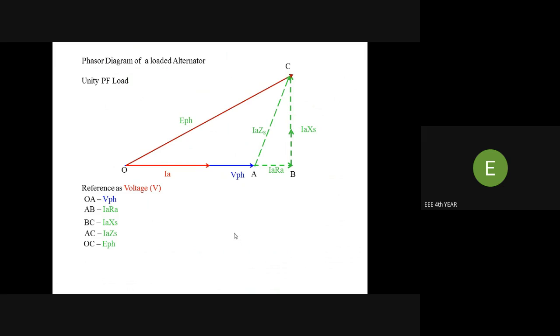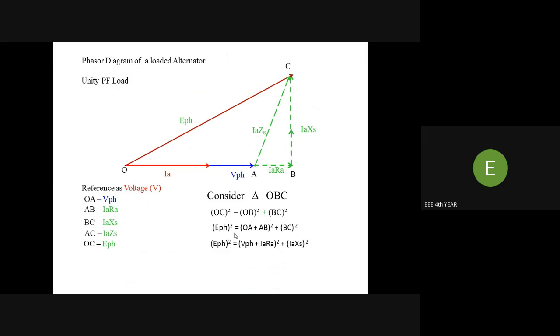Here OA equal to V phase, AB equal to Ia Ra, BC equal to Ia Xs, AC equal to Ia Zs, and OC equal to E phase. Consider triangle OBC: OC square equal to OB square plus BC square. OC, which is E phase, square equal to (OA plus AB) whole square plus BC square.